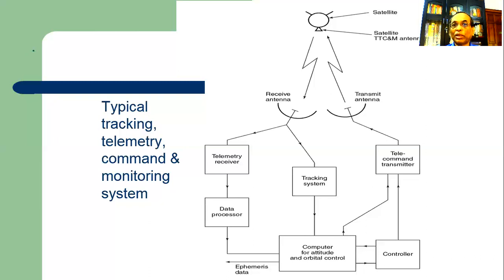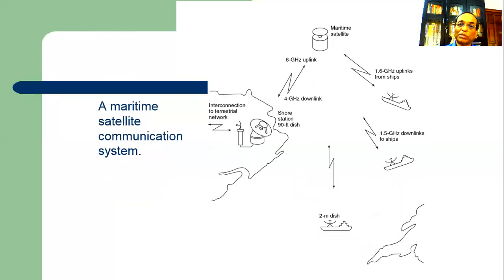Some signal and command is given to the satellite, and the satellite acts on that and sends some other corrected signal. That is processed and generates a signal again from the main computer, and the telecommand transmitter will transmit that signal to reach the satellite. This is all about the tracking, telemetry, command and monitoring system.